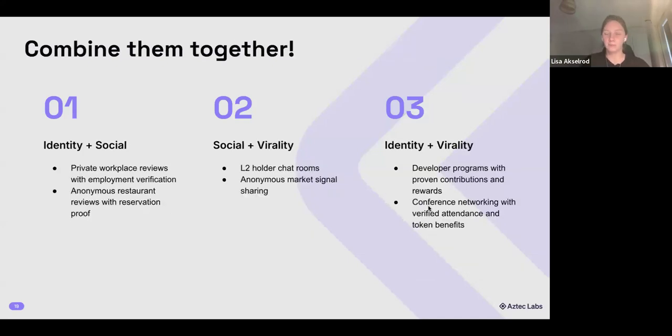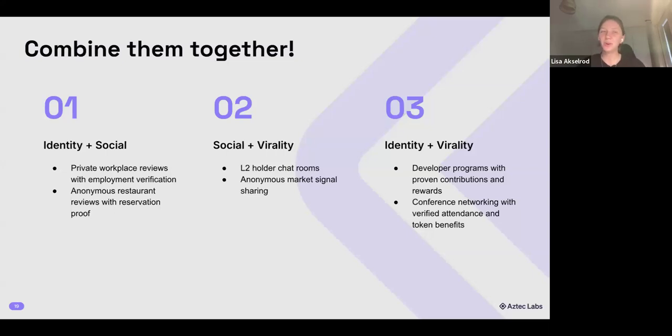We can also combine them. If we combine identity and social, we can have, for example, private workplace reviews with employment verification, or anonymous restaurant reviews with reservation proof using ZK email. If we combine social and virality, we can have, for example, chat rooms for L2 holders, anonymous market signal sharing.